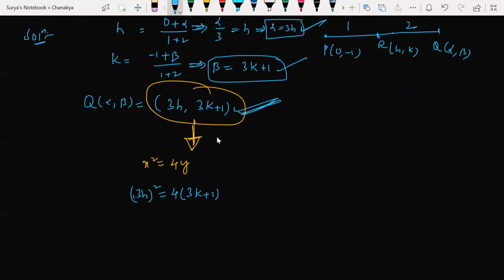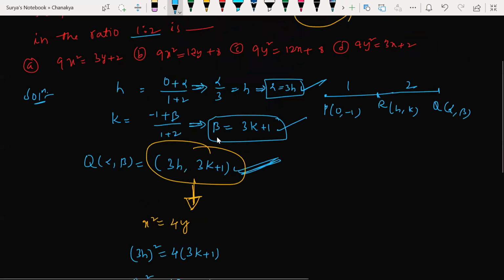So 9h square is equal to 12k plus 4. If I write in terms of x and y, 9x square minus 12y minus 4 is equal to 0. This is the answer. Which equation is satisfying here?